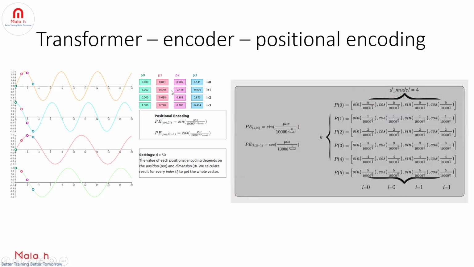So this is position 0, position 1, position 2 and position 3, and the i values 0, 1, 2, 3, right? So you have to replace the first position, that is 0, and the value of i is here 0, and again 0 here, value of i is 0. This is one sine cosine pair. You calculated sine cosine at the 0th index, and the next one is sine cosine at the first index, right? So the index value will change.